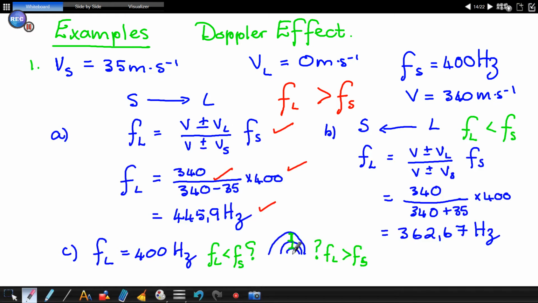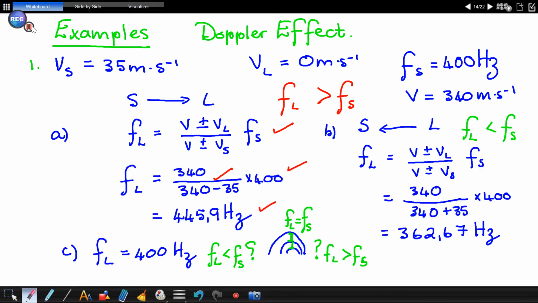But if you stand next to it, the frequency that the listener will hear is the same as the frequency that the source is sending out, because there the wavelength isn't changing. The wavelength is only compressed ahead of the moving object and stretched out behind the moving object. But next to it, it's not stretched out or compressed.